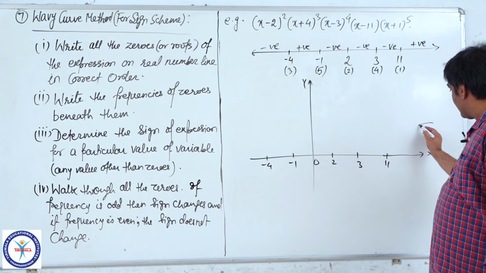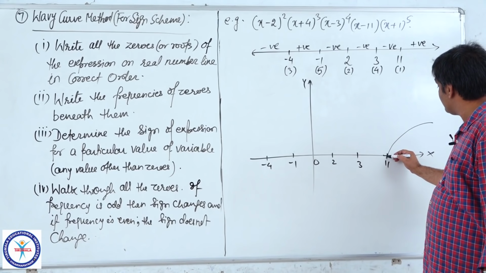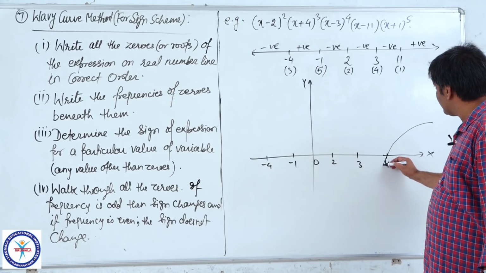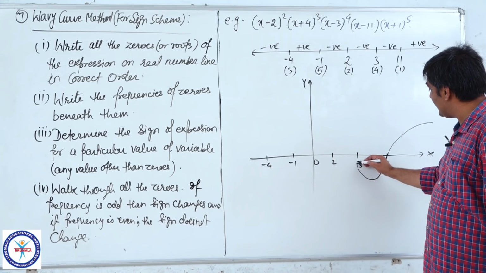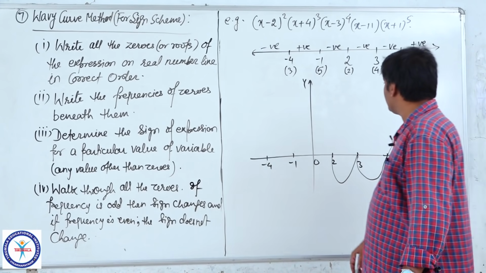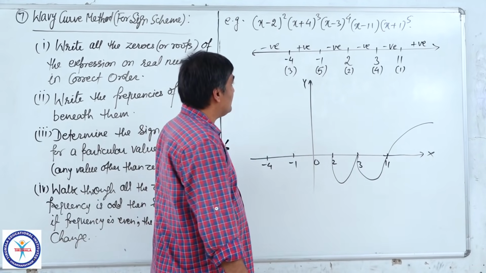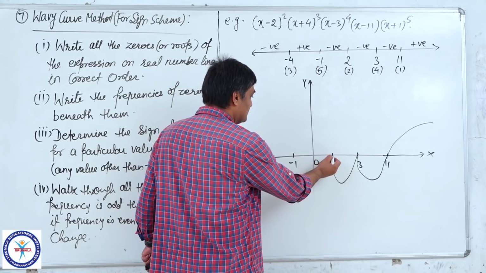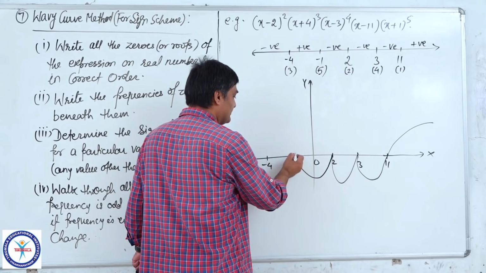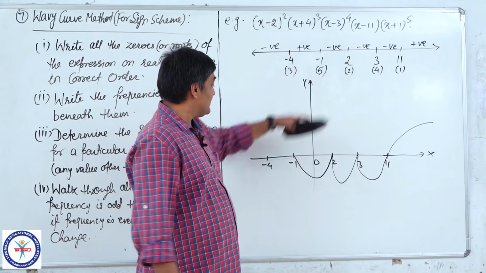So, like this, crossing 11, the sign is changing, so negative. Crossing 3, the sign is not changing, again below the x-axis. Crossing 2 also, the sign is not changing, so like this. And crossing -1, the sign is changing.